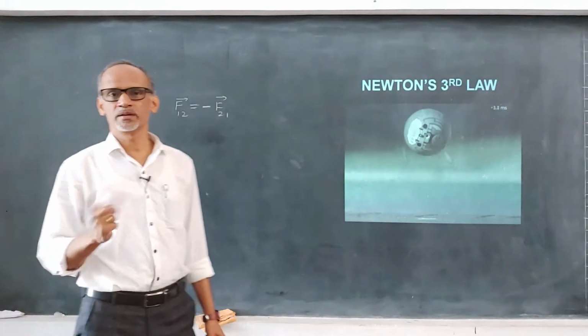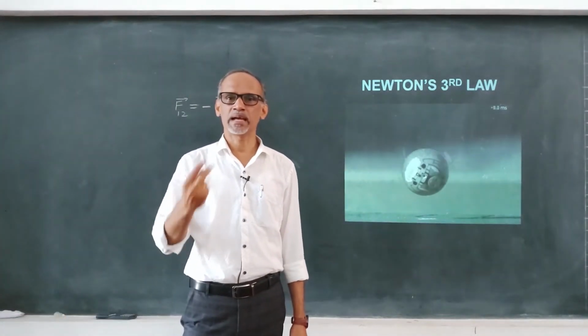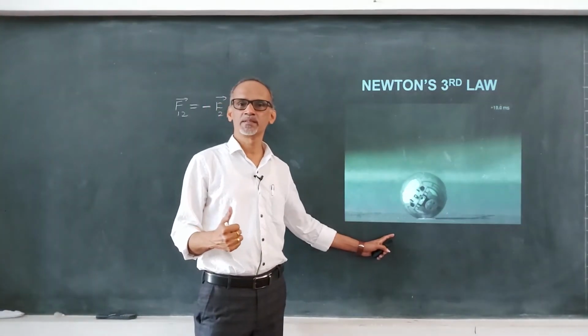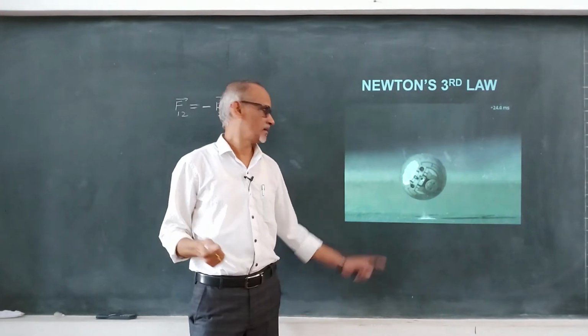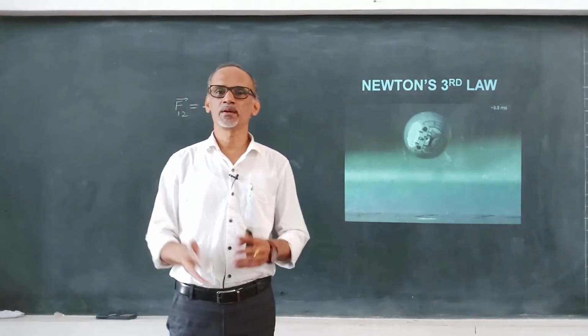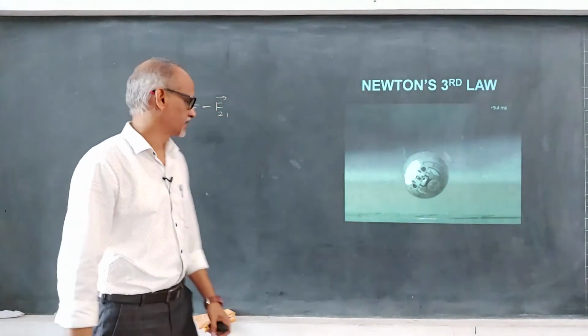And these two forces don't cancel each other because they act on two different bodies. Here one body that experiences the force is the ground, and the other body is the ball itself. So even though they are equal and opposite, they don't cancel each other.